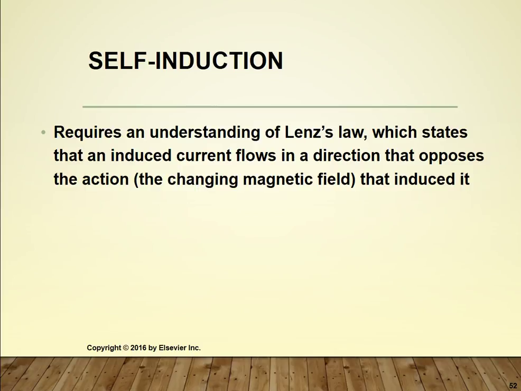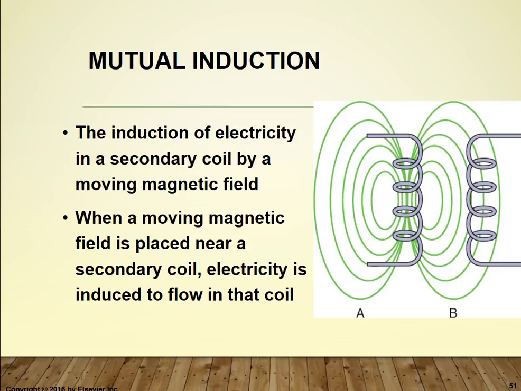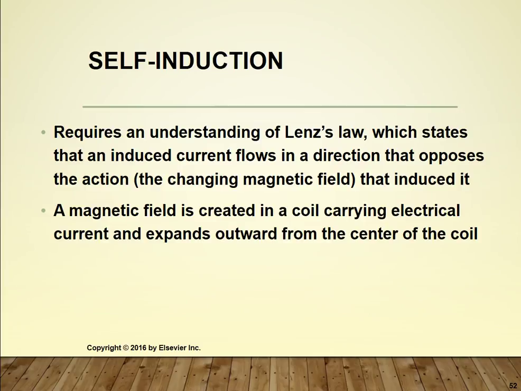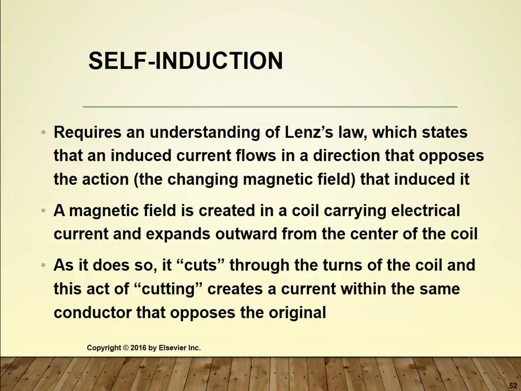If you return to the example of the primary coil, the magnetic field is created in this coil and expands outward from the center of the coil, okay? And as it does so, it cuts through the turns on the coil, and that act of cutting creates a current within the same conductor that opposes the original. That is all Lenz's law.